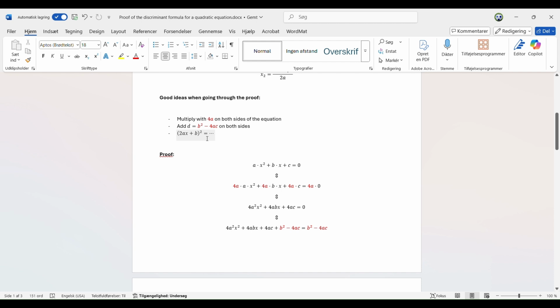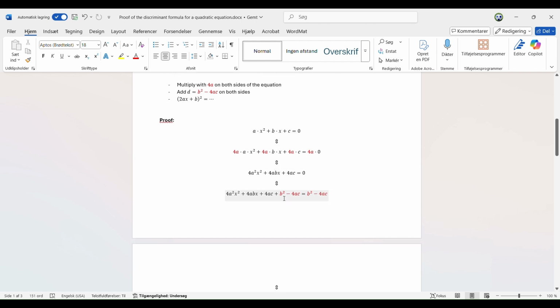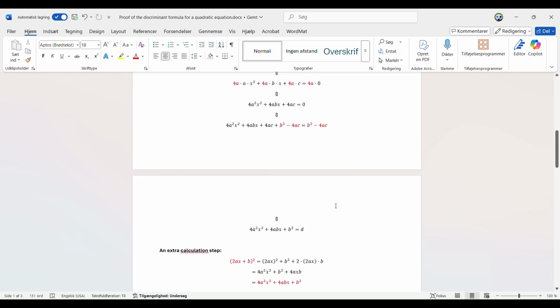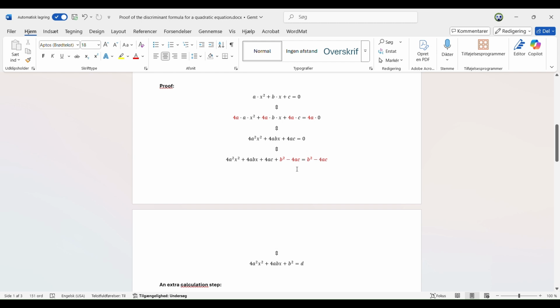We add the discriminant on both sides. So on the left side, we just add our discriminant, and we do the same on the right side. I've color-coded this to see that we have added it on both sides of the equation. Now if we look at this step, we can see that it says plus 4 times a times c, and we've got minus 4 times a times c.